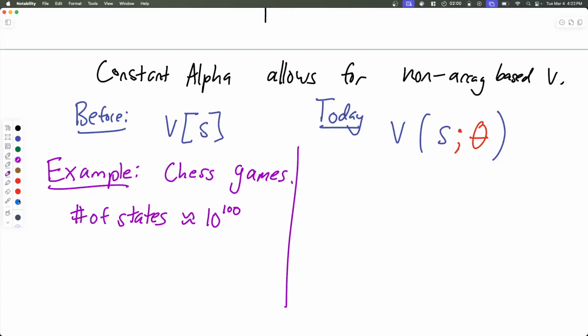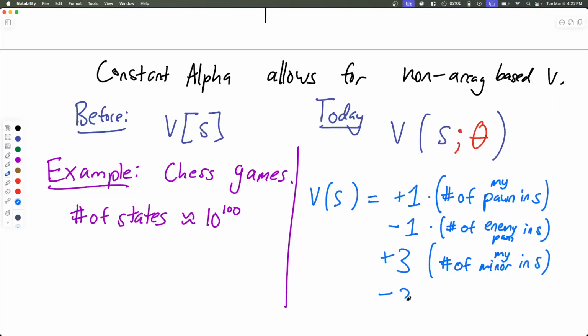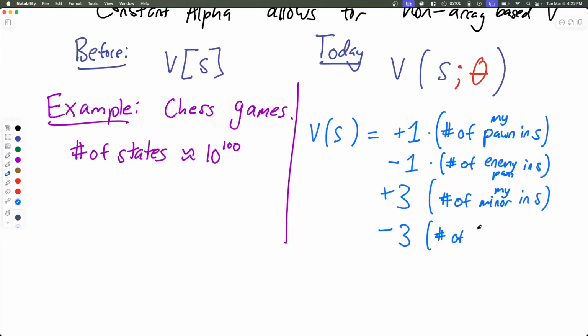Here is an example of a very simple value function V of round brackets S. You'll get +1 for every pawn that you have, so times the number of my pawns in S, and -1 for every enemy pawn, number of enemy pawns in S. Then you get +3 points for every minor piece, those are knights and bishops, my minor pieces in S, and -3 points for every opponent minor piece, number of enemy minor pieces in S, and so on.